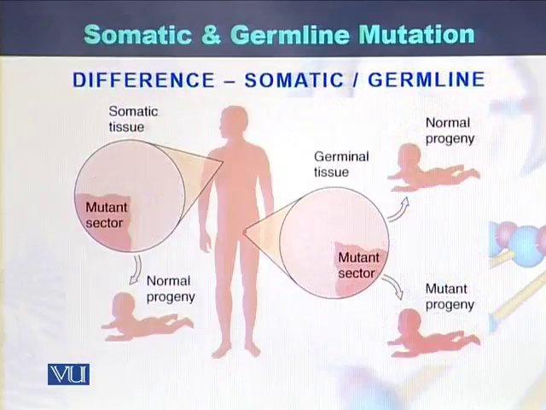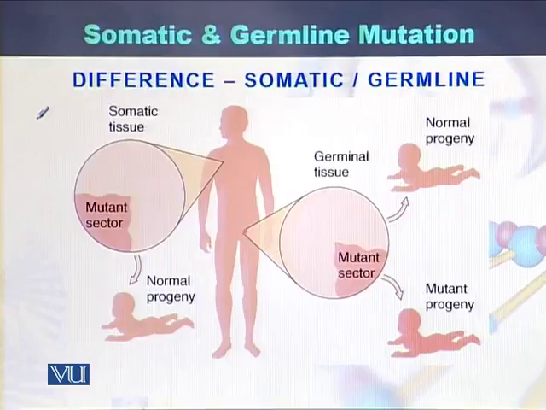In this diagram, we can see the difference between somatic mutations and germline mutations. The body is made up of somatic tissues. So these are the somatic tissues. And if there is any mutation within the somatic tissue, that mutation will not transfer to the progeny.